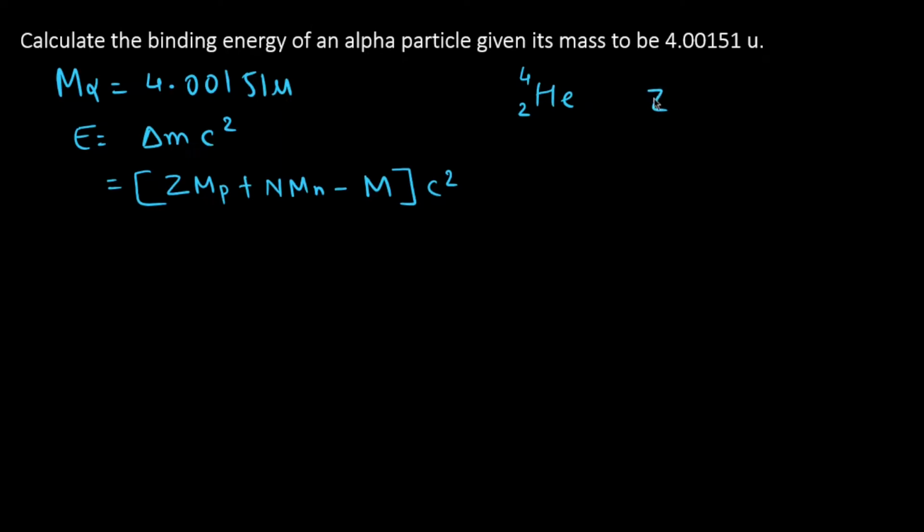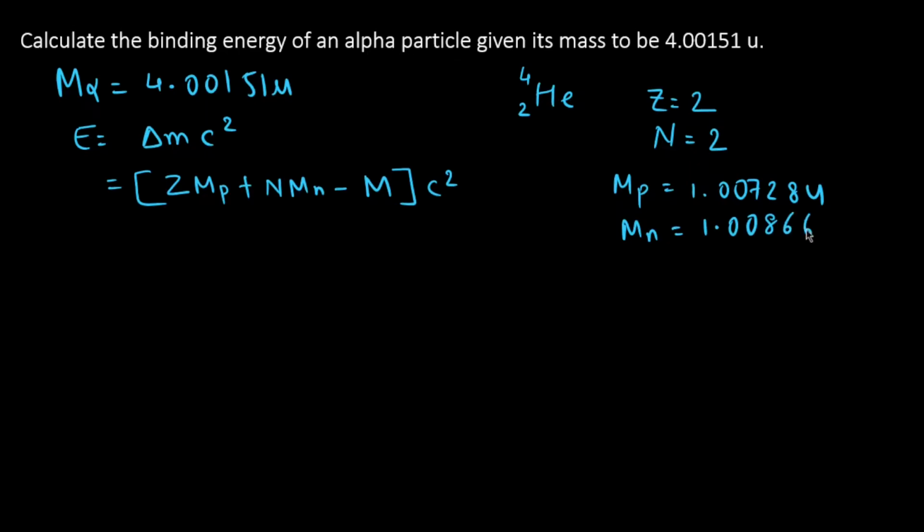From this it implies that our Z is number of protons, that is 2, and N is number of neutrons, that is also 2, and mass of proton in amu is given as 1.00728 u, and mass of neutron is given as 1.00866 u.